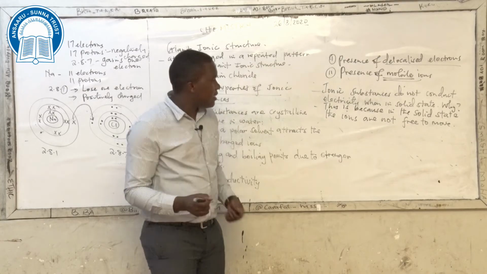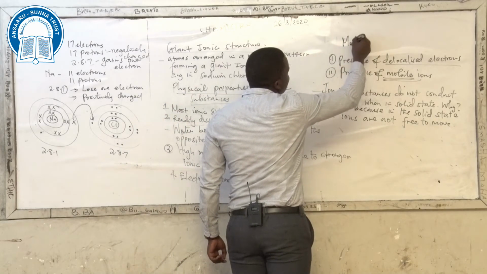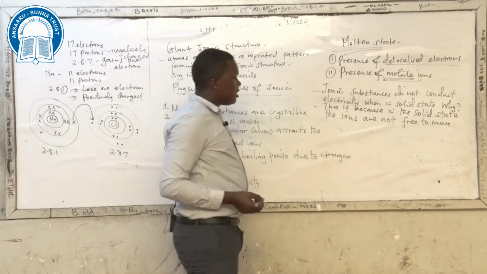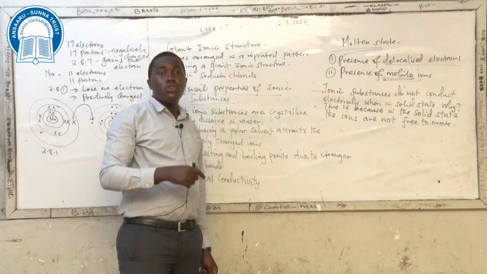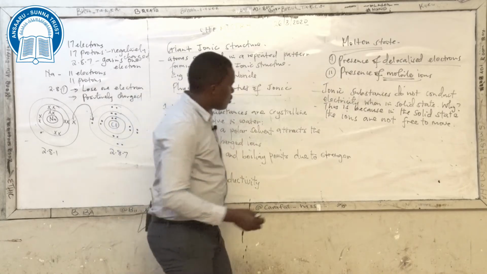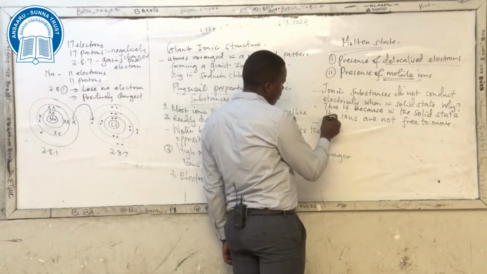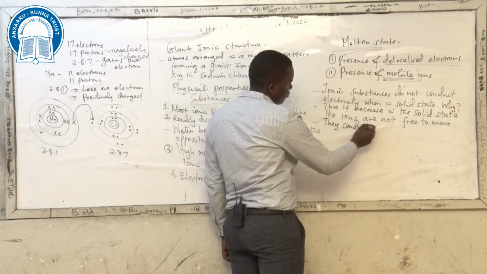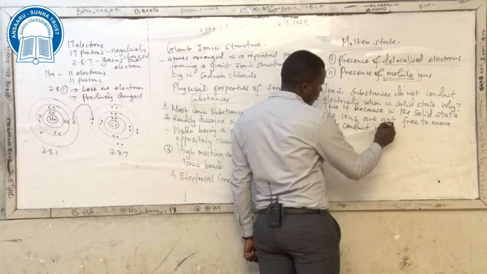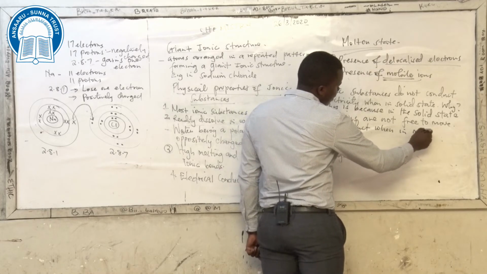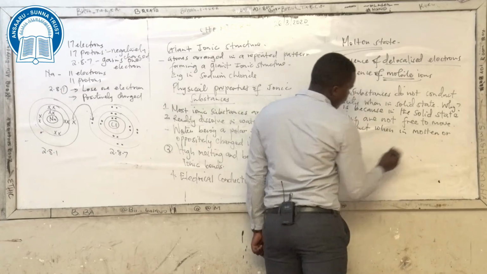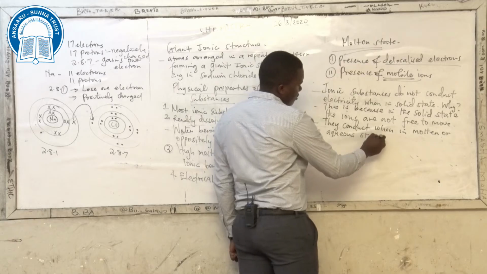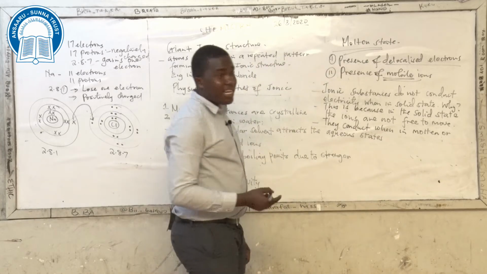Again, when they are in the molten state, when they are melted, where you take the solid and heat it until it melts, the ions will also be mobile; they will be free to move. So they conduct when in molten or aqueous states, because in these two states the ions are free to move.